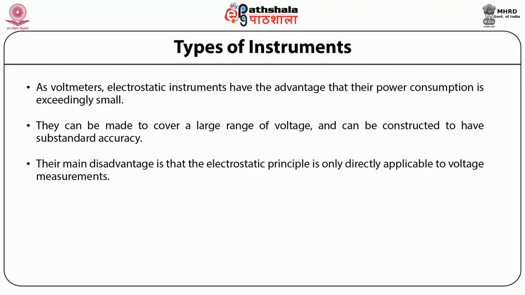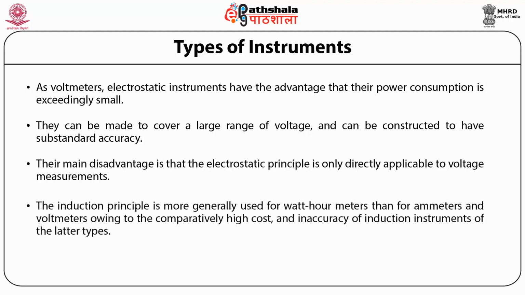Their main disadvantage is that the electrostatic principle is only directly applicable to voltage measurements. The induction principle is more generally used for watt-hour meters than for ammeters and voltmeters, owing to the comparatively high cost and inaccuracy of induction instruments of the latter types.